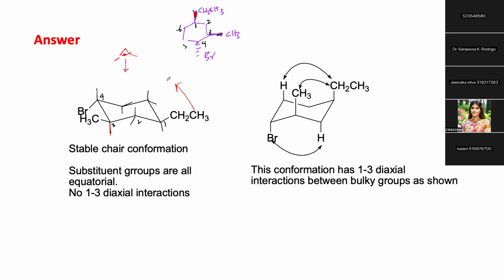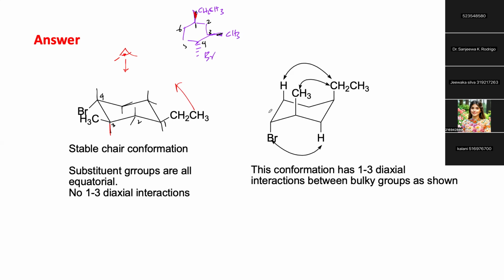Then the bromine is going down, right? It's a dashed line, dashed wedge. So to show the bromine going down, here we have axial and equatorial. The equatorial bond is going down. So then you put bromine with the equatorial bond, so that we can show it's going down.